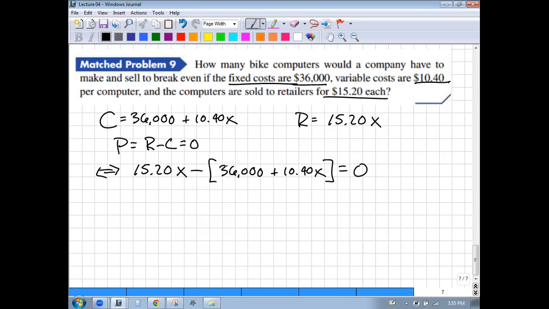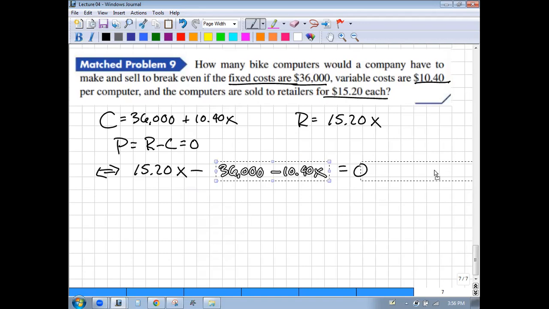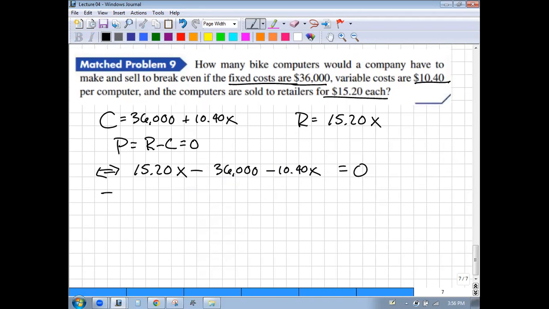So here, though, if we do it this way, we have to distribute this minus sign. So that becomes negative, and this becomes negative if we're going to get rid of those parentheses. So having that over there is the same thing as putting it over here, but making it all positive. So we have 1520 minus 1040.